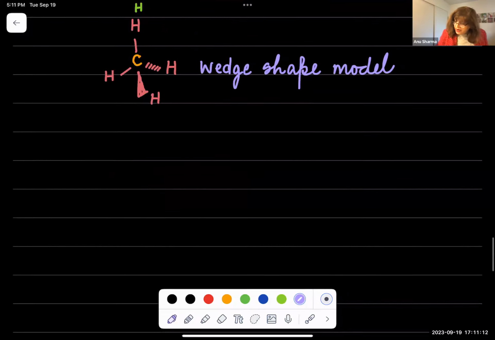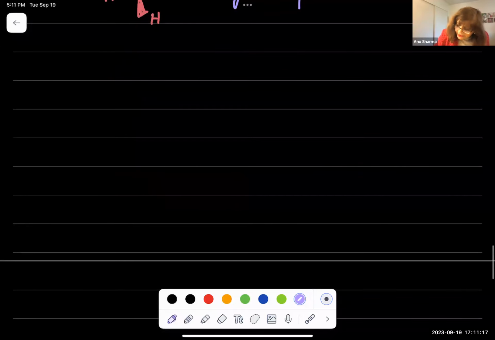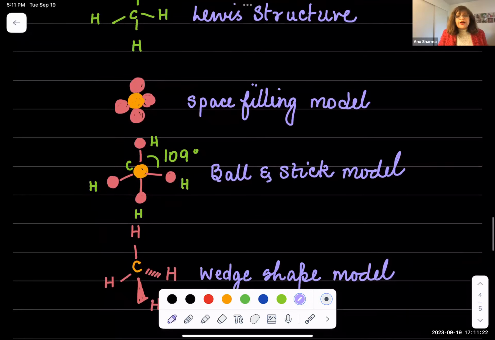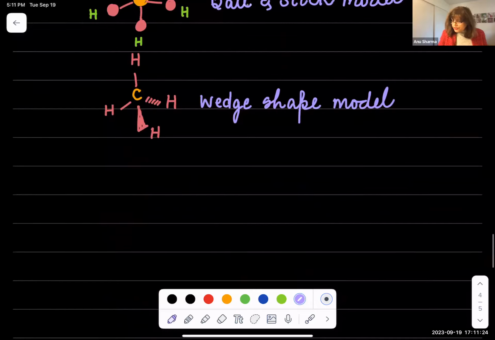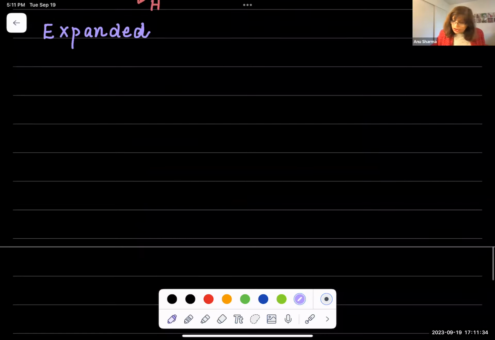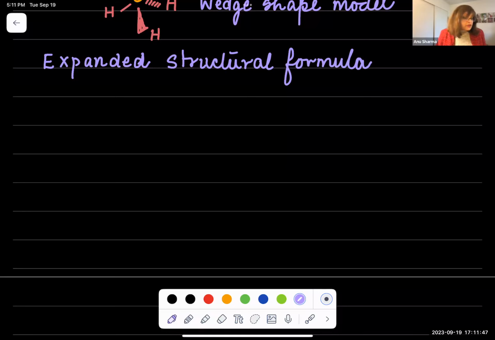And then there are other types, which are called the expanded structural formula. These other terms are for specialized apparatuses or special software, but commonly we use the expanded structural formula. It helps us see the different angles.